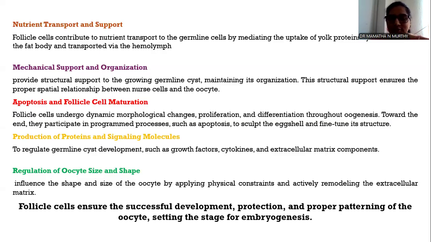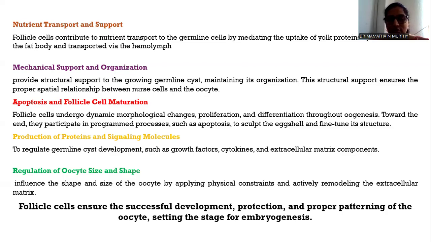Then there are apoptosis and follicular cell maturation. Follicular cells undergo dynamic morphogenic changes, proliferation, and differentiation throughout oogenesis. Towards the end, they participate in apoptosis and help in sculpting the eggshell and fine-tuning its structure.